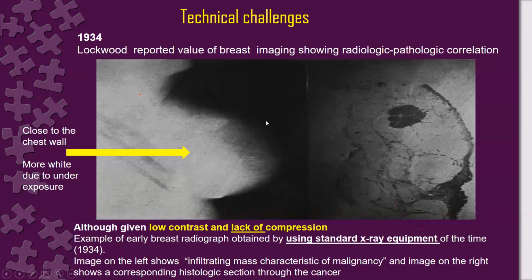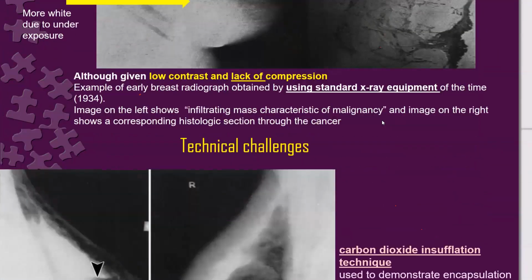However, with this type of low quality image, can you see there is this opacity? It was reported as infiltrative breast cancer and demonstrated a concordant result with pathology at that time. It demonstrates radiologic pathologic correlation.